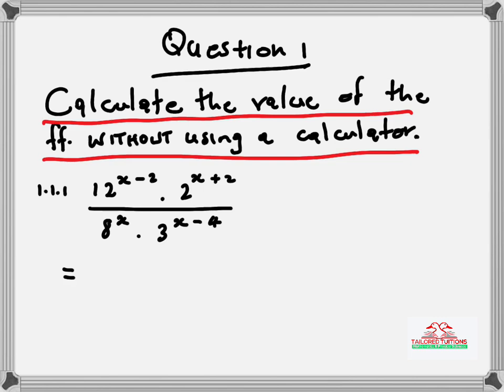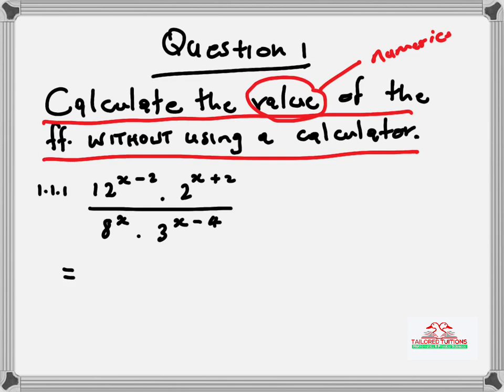Alright, this is our question 1. It says calculate the value of the following without using a calculator. We have this exponential expression. We want to find the value of this thing. Before we continue, the question says calculate the value, which means the answer at the end must be in what?